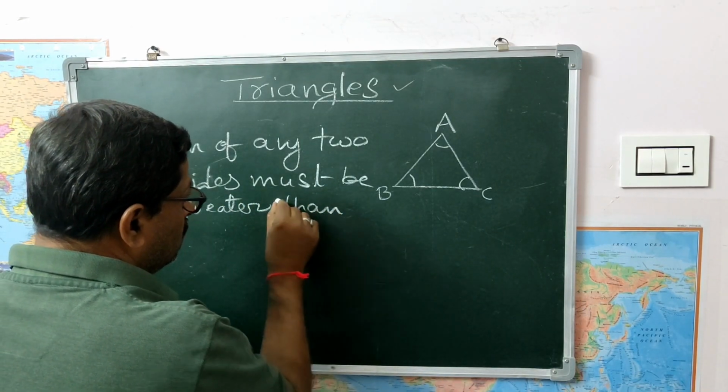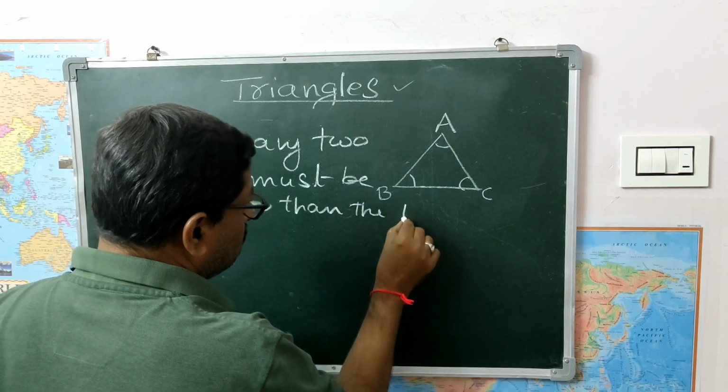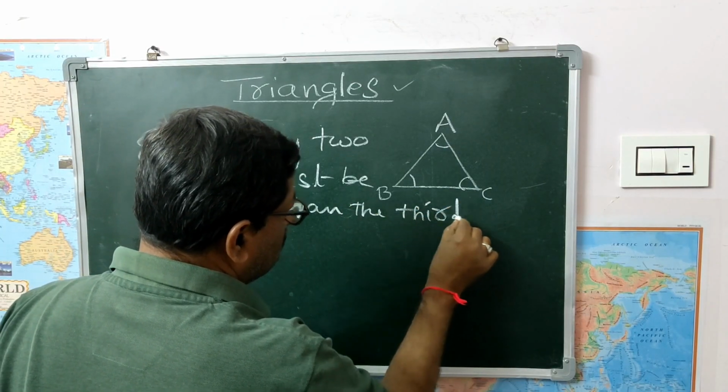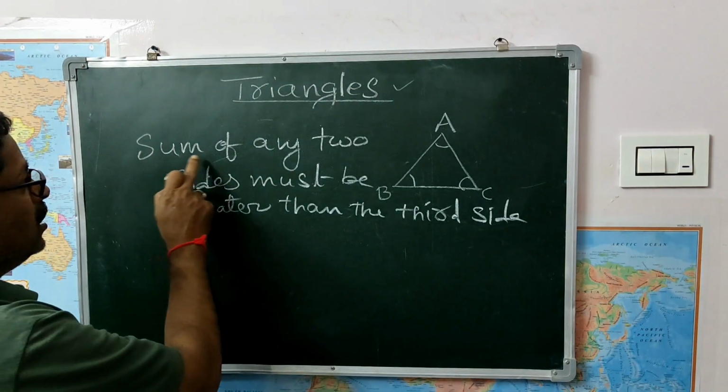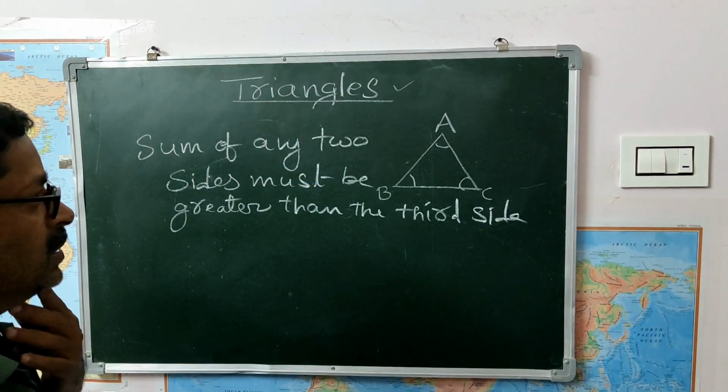Greater than the third side. Let us discuss this property. Sum of any two sides.